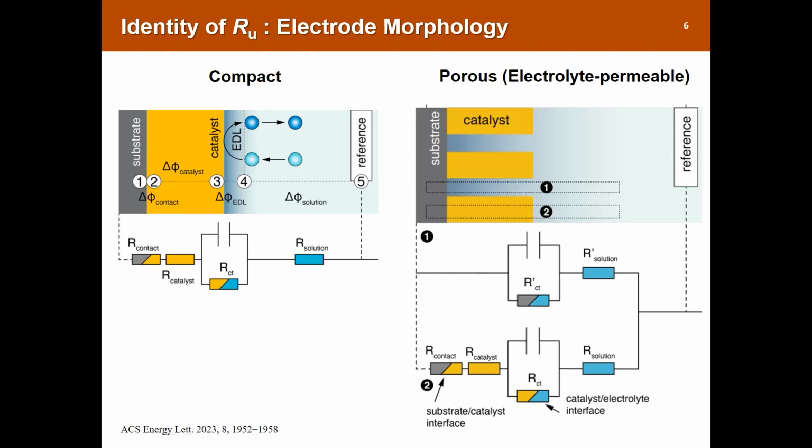Oh, I see. The porous catalyst sample is like a huge circuit element that's a combination, so one and two exist in parallel. Which one is true?